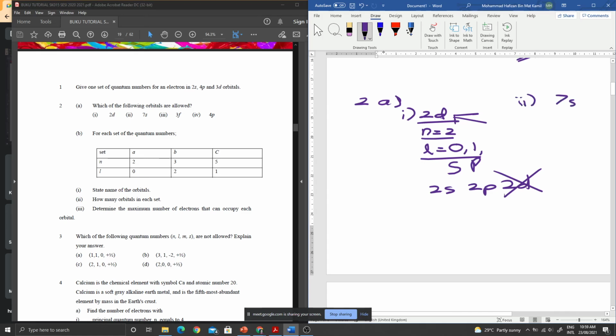Number 2 is 7s. So, n equal to 7. Okay, n equal to 7, L equal to 0 sampai n minus 1 lah kan? 3, 4, 5, 6.